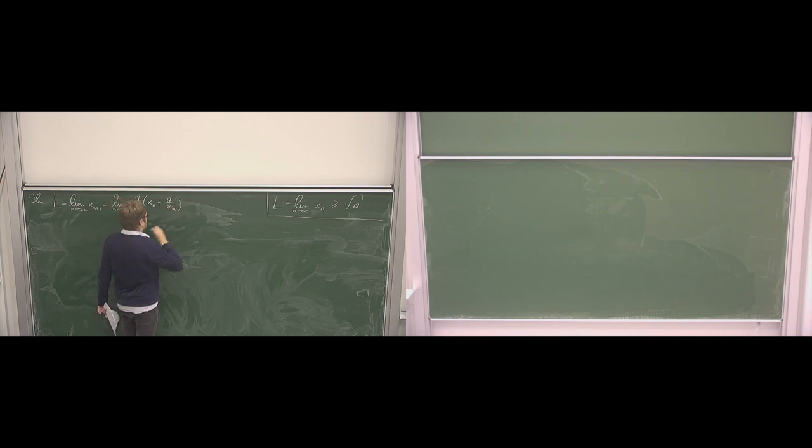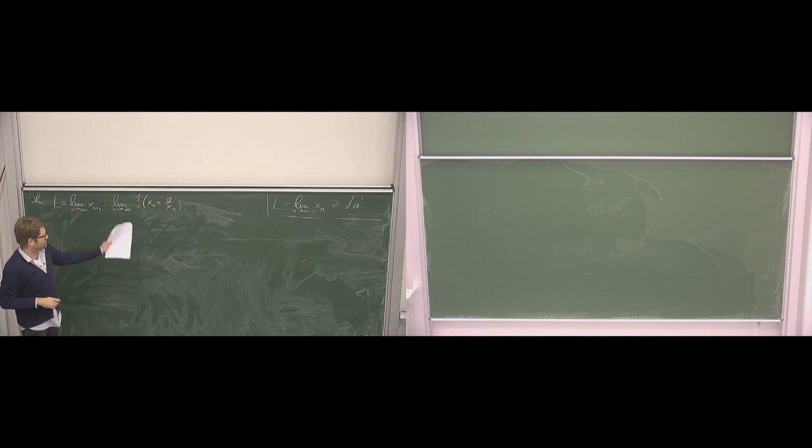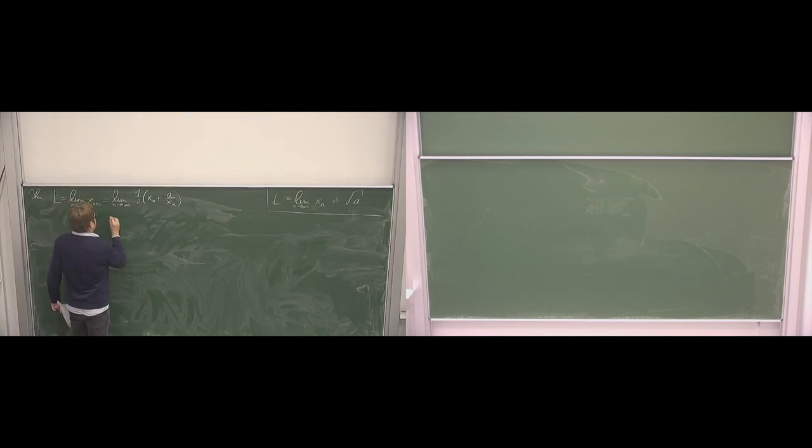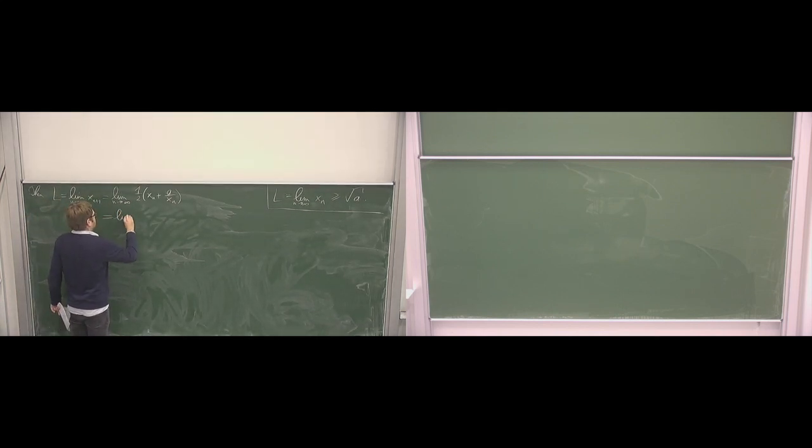And since we now know that the xn are converging, we can use the computational rules for limits from the previous section. So the 1/2 can be put outside, and then we can take the limits of the two summands.